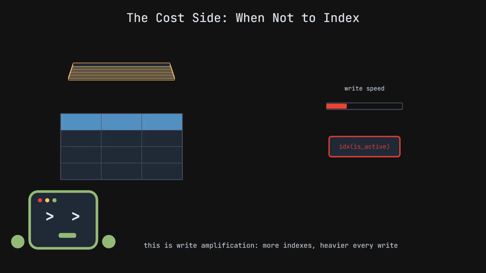This is called write amplification. The more indexes you add, the heavier every single insert, update, and delete becomes. An unused index still pays this tax on every write while giving you nothing back. It's pure cost with zero benefit.